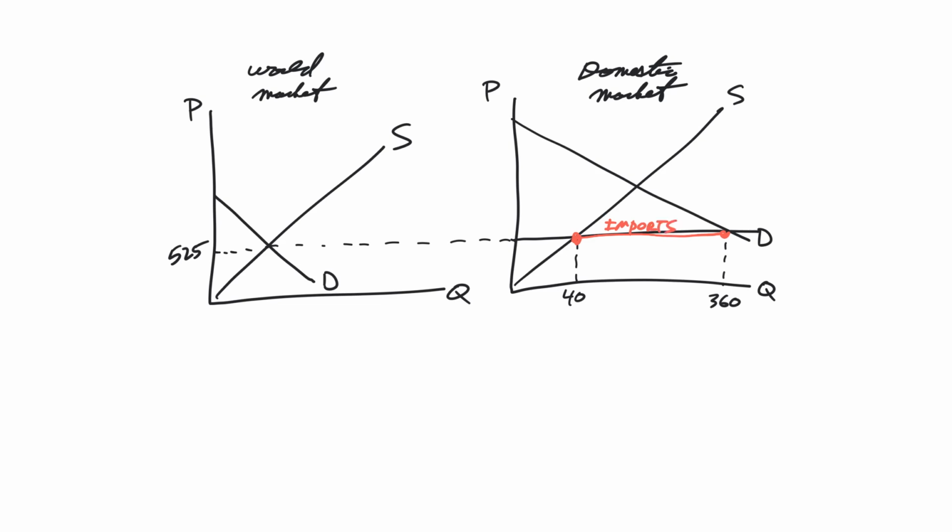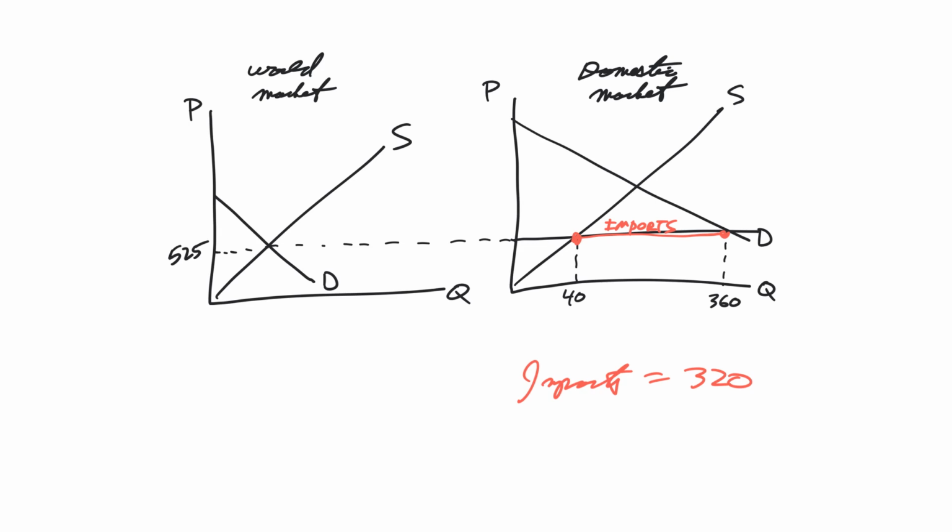And how much are they importing? They're importing the difference between 360 and 40. Well, let me write it down there. Imports are 320, 360 minus 40. So 320 units are being imported by this particular country.